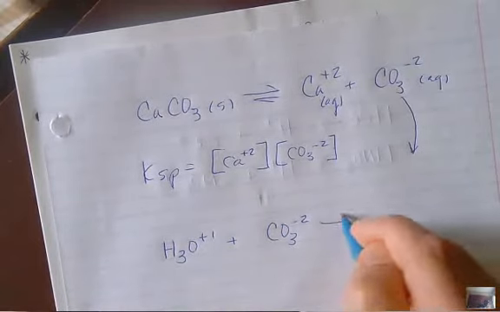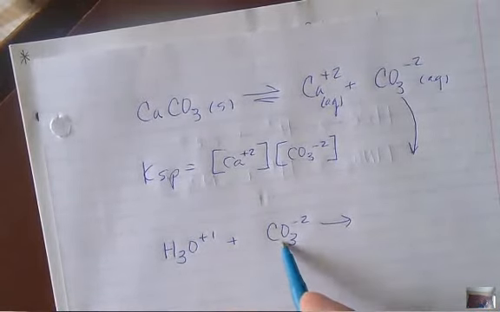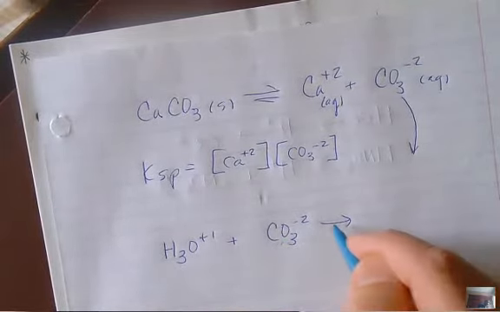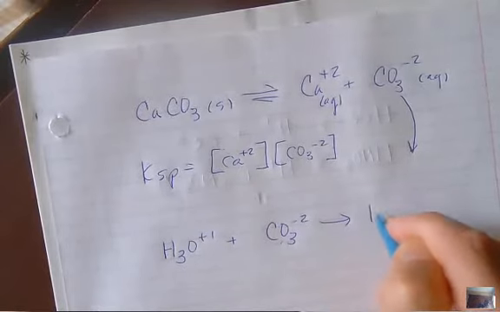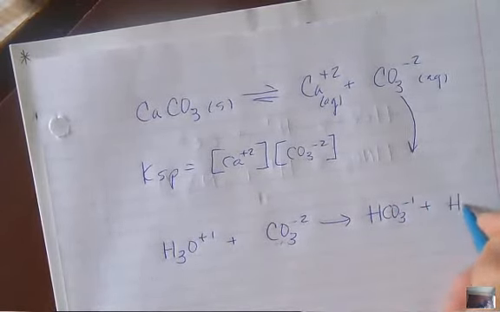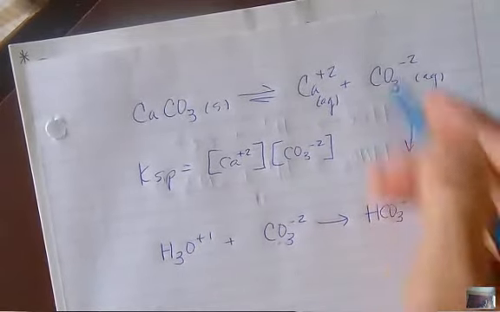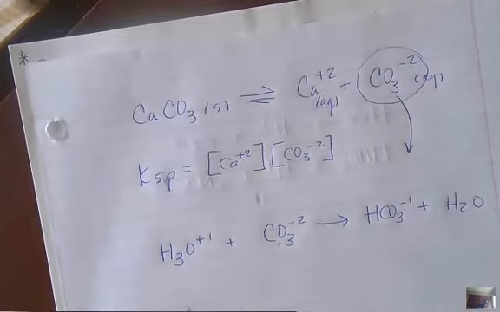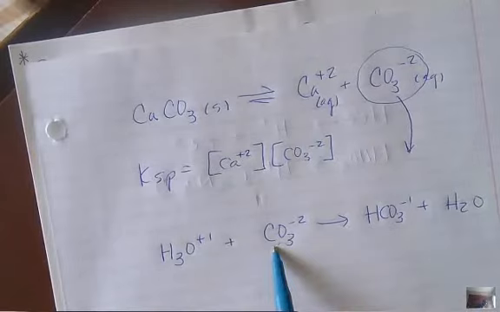This wants to happen, right? Because K2 for this is a very small number, so this is pretty basic. So this guy is going to make hydrogen carbonate and water. So that's a neutralization reaction. Okay? So I'm removing the carbonate by lowering the pH.